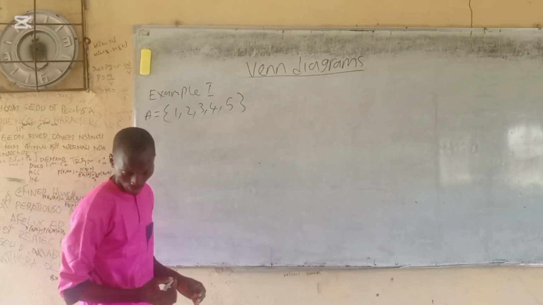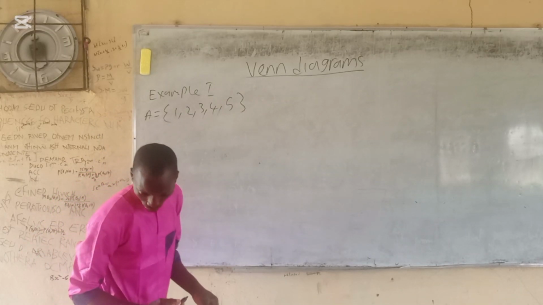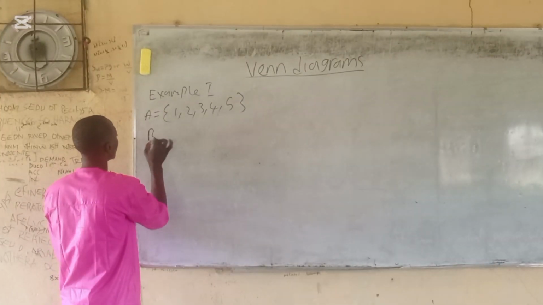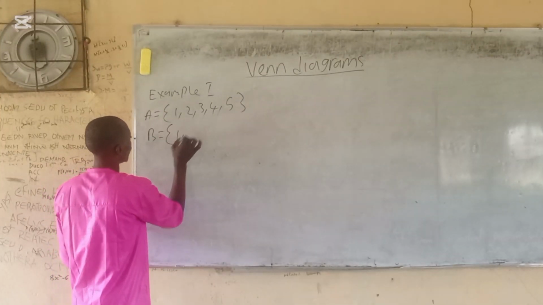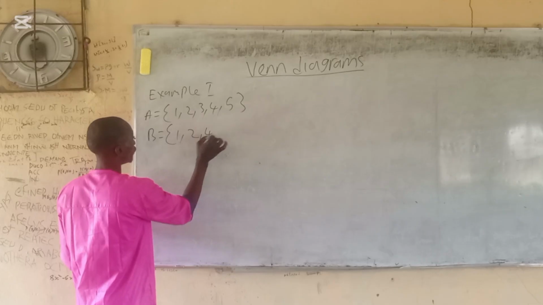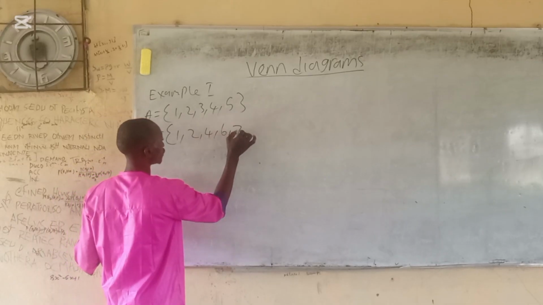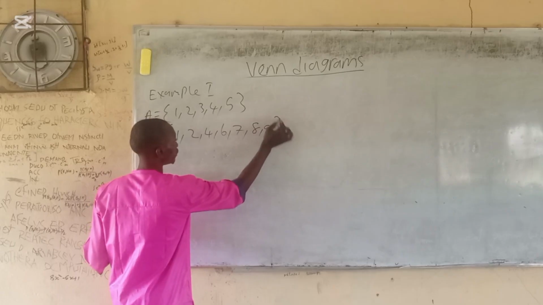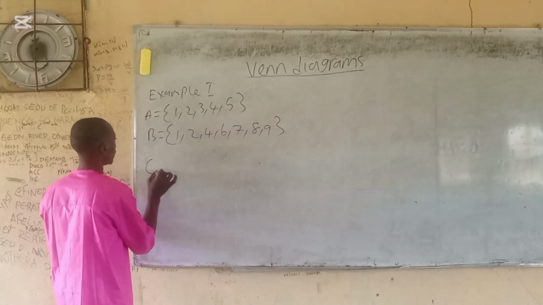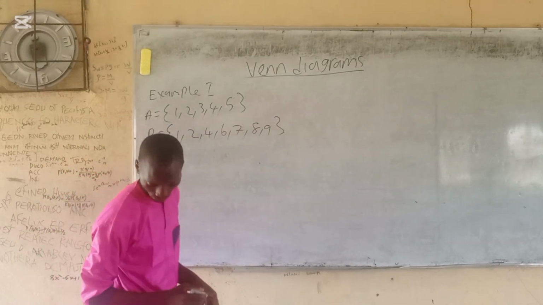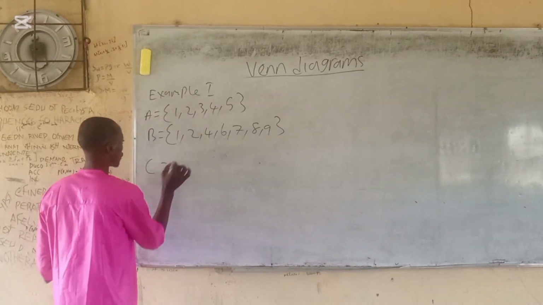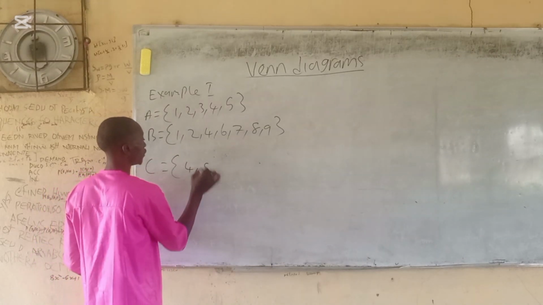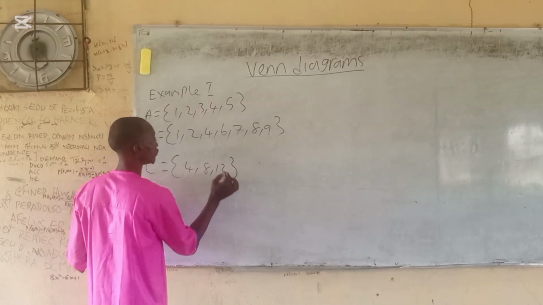Set B is equal to 1, 2, 4, 6, 7, 8, 9. Then C is 4, 8, and 12.